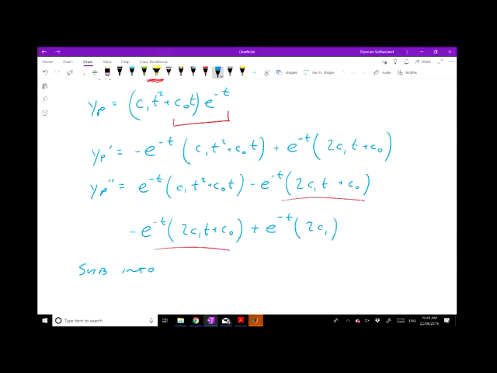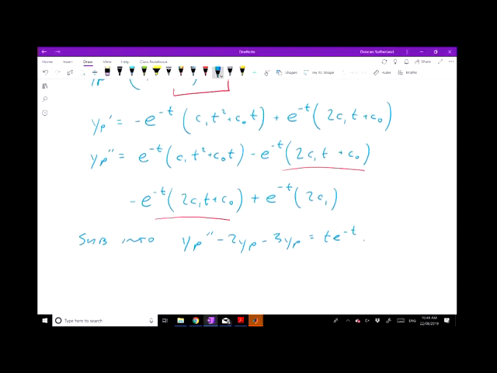Alright. Sub into y particular double prime minus 2yp prime minus 3yp, all of this boils down to, and now I'm really skipping steps because I've got a minute left.